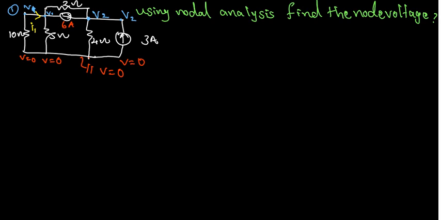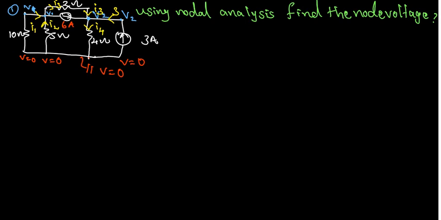I put I1, and here I2, and here I3. Here is 6 amps, so I don't change this. Then here it's I3, here also I3, and here I4, and here 3 amps. So that's our first part.